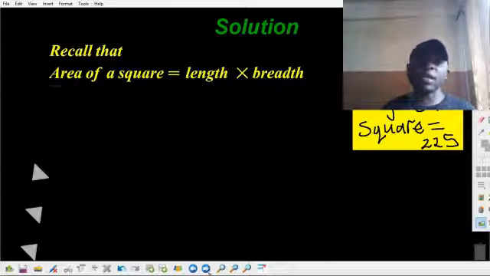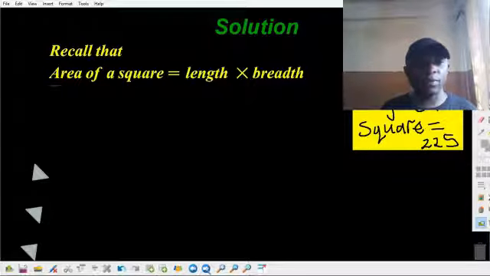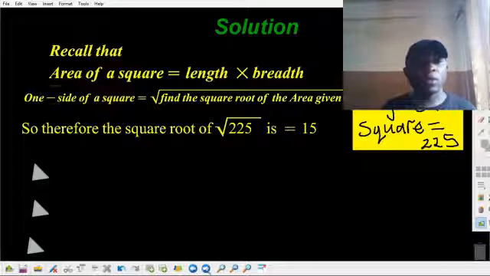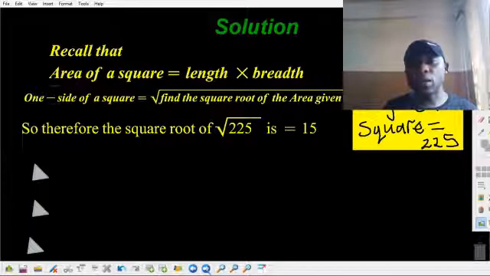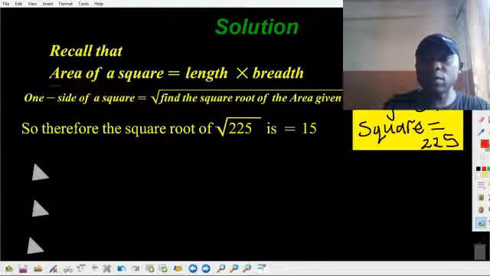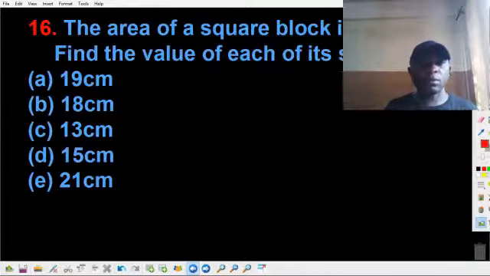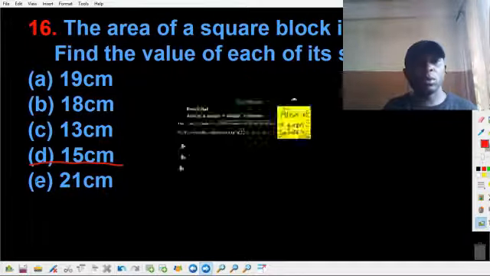So now recall that I said earlier that the area of a square is equal to length times breadth. Now one side of a square is equal to the square root of the area given, so we say the square root of 225 is 15 centimeter. It's 15 centimeter. Now, what option do we have here? Option D.